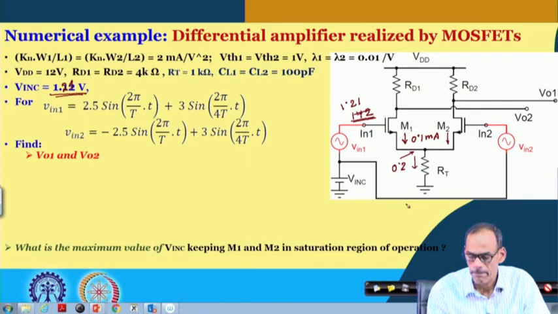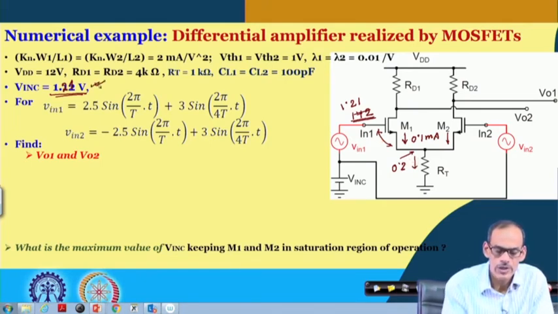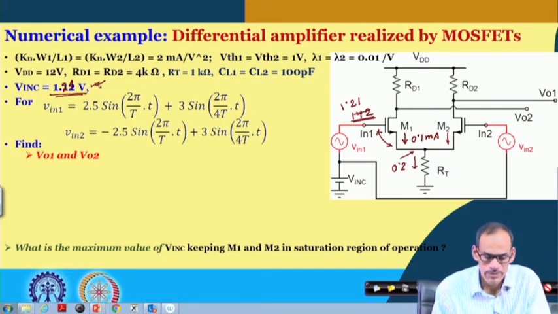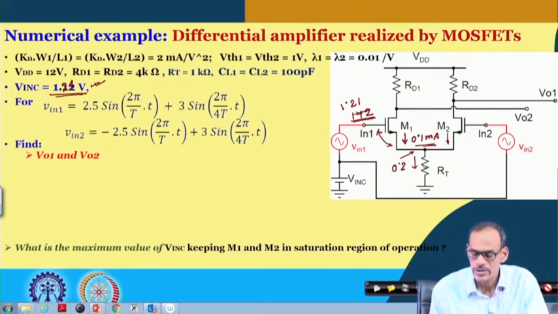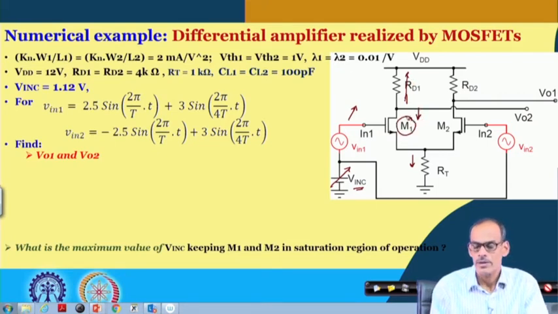And then VGS minus VTH. I think the numerical value I have taken here is not so accurate to get a round figure of current, but I would like to say that in this case again we do have a meaningful range of V in C. If we have higher and higher voltage, then that may increase this current, and that may increase the voltage drop here, and hence it may push this transistor M1 into the triode region.